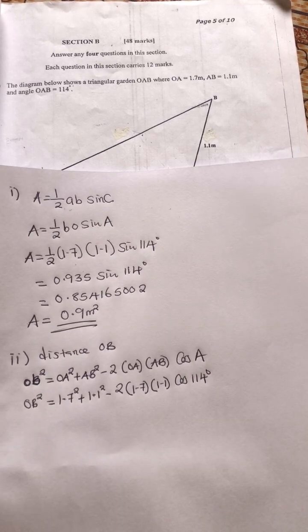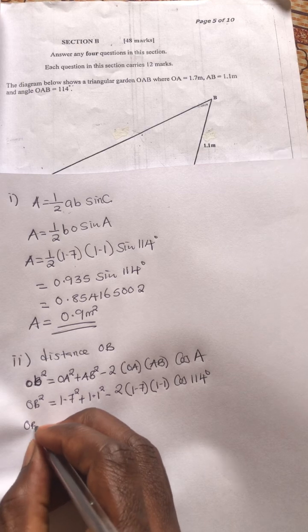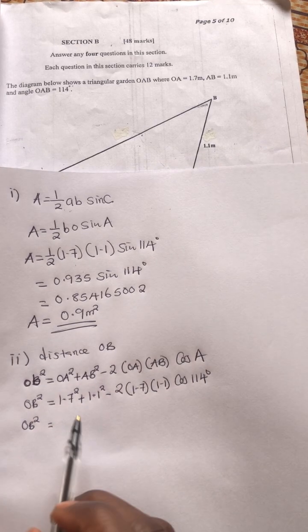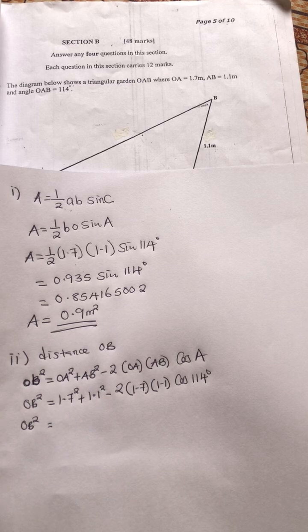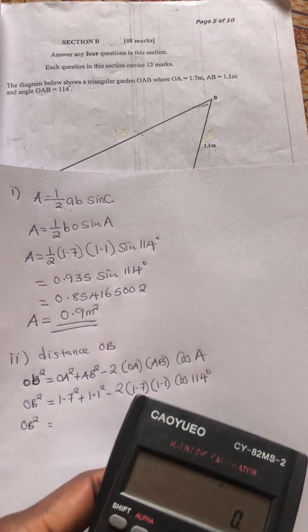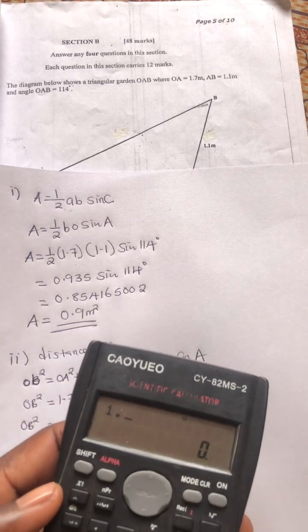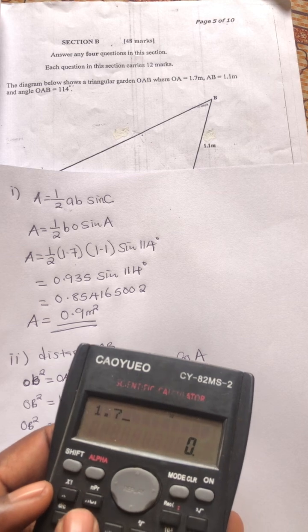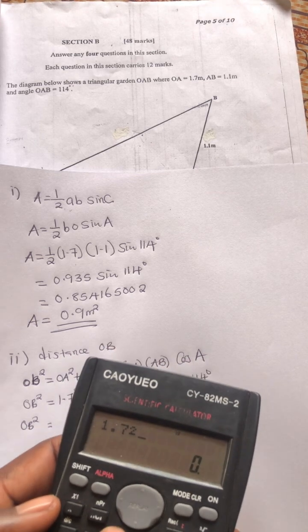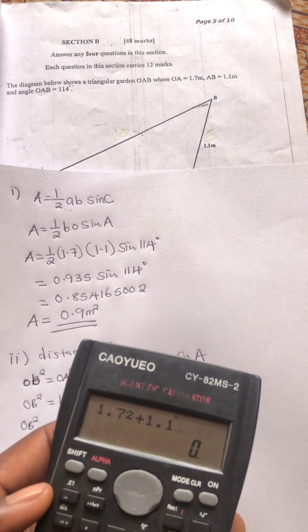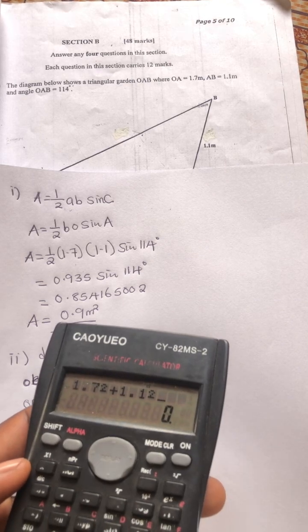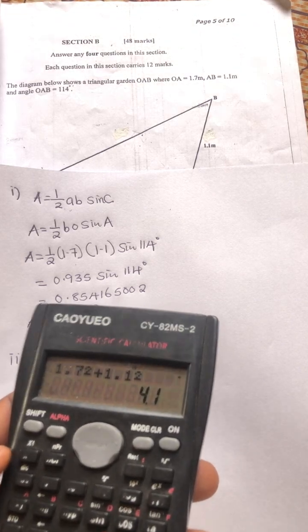From there, how do we move? We say OB squared is equal to, we can square this and add them together. Maybe we can just do it at once, since we are allowed to do that. 1.7 squared plus 1.1 squared is giving us 4.1.